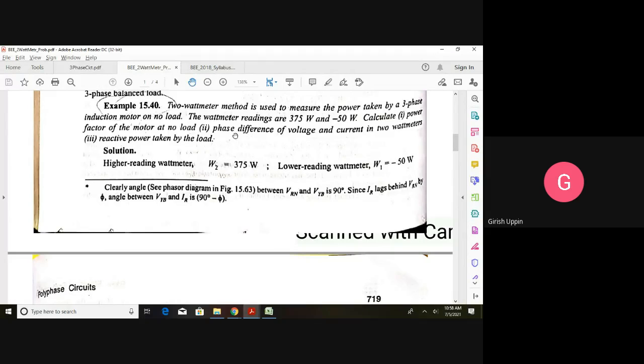The formula for W2 is VL IL cos of 30 minus phi. So 30 minus phi is the phase difference in wattmeter 2, and in wattmeter 1 it is 30 plus phi. And we have to find the reactive power taken. Here wattmeter reading W2 is 375 and the lower reading W1 is minus 50 watt.